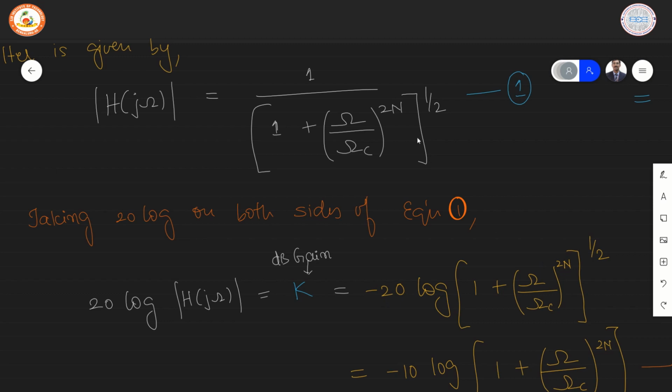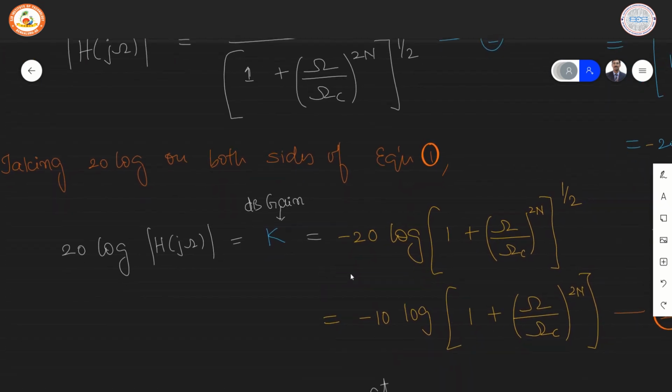So once again, if the denominator quantity is shifted towards the numerator, then the power is changed from plus to minus, and that minus, if it is brought forward before the log, then the sign becomes minus 20 log of the quantity.